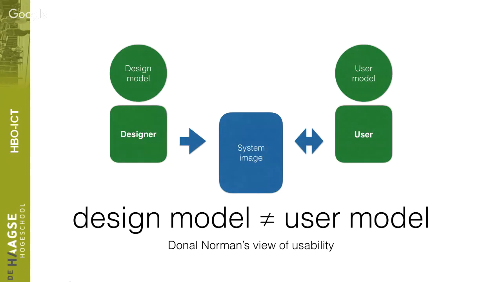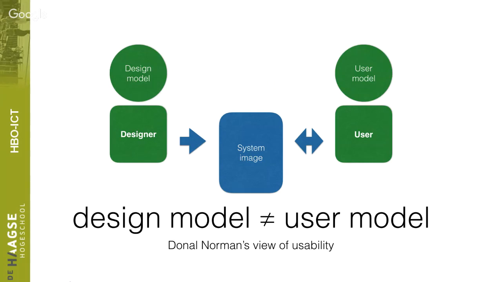And in the designer's brain, there is this design model. The designer has the model in their brain, and then they make the system, and they put the design in the system, and then here you go, this is my system. They give it to the user.